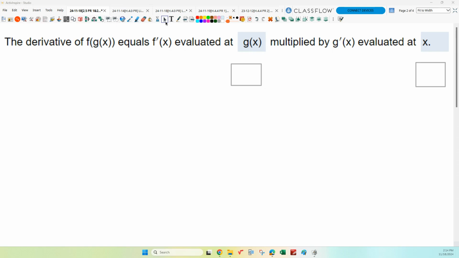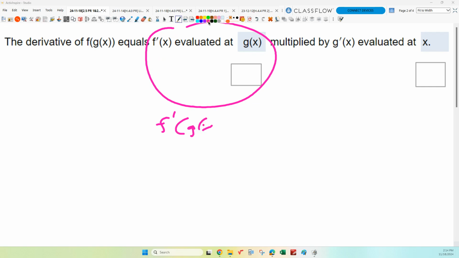The derivative of this composition is f prime of g of x. That's what all this stuff is just saying right here. All that stuff is really just saying f prime of g of x. Okay? When we say evaluated at, that means that's what we're plugging in, right? Okay, give me thumbs. Does that make sense? Okay?